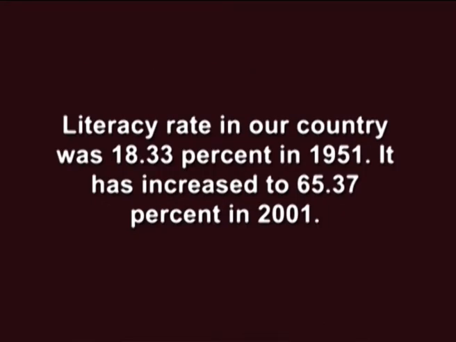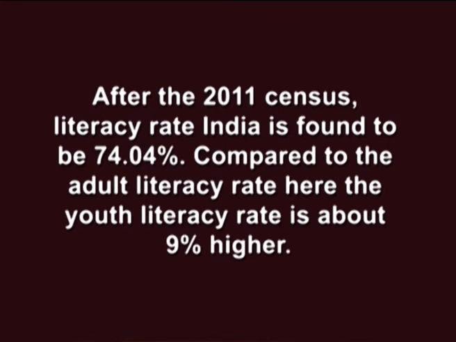Literacy rate in our country was just 18.33% in 1951. It has increased to 65.37% in 2001. After the 2011 census, the literacy rate in India is found to be 74.04%.